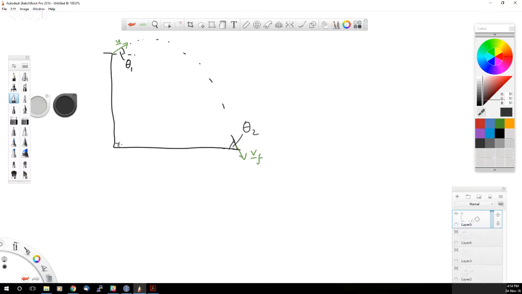This is obviously a right angle. This is going to be my distance traveled horizontally. This is going to be distance traveled vertically. And let's split up our vectors. So we have U vertical and U horizontal.